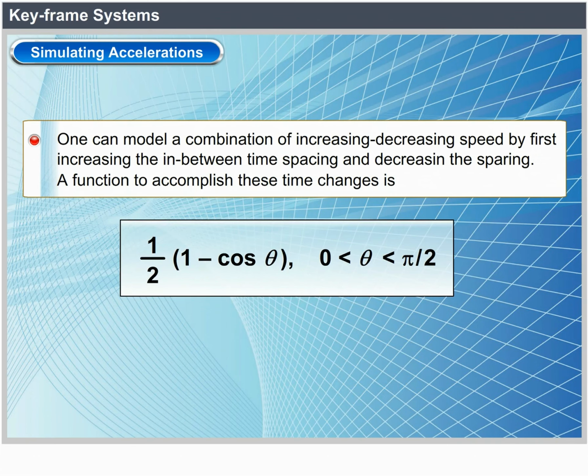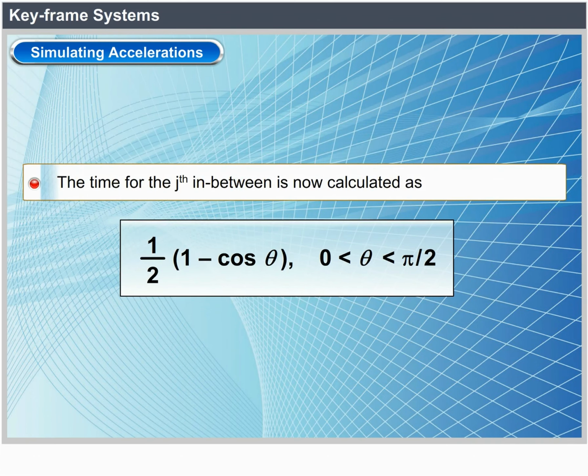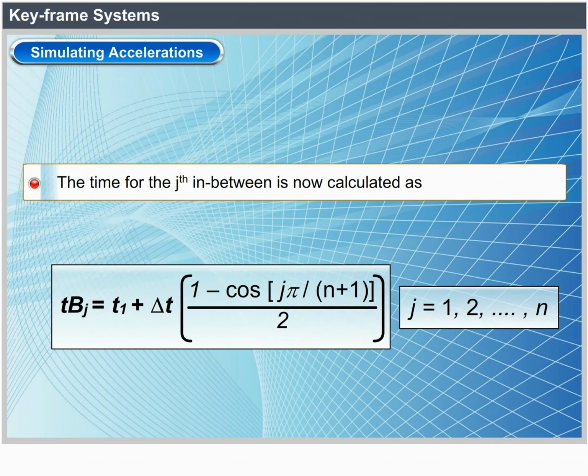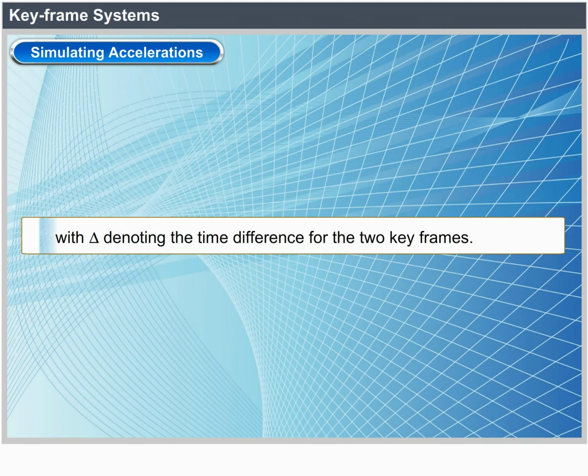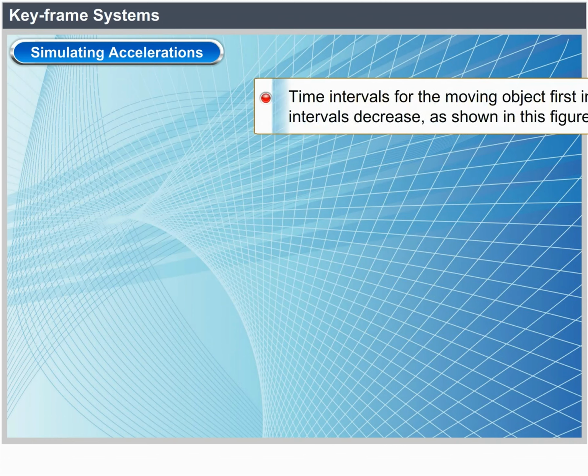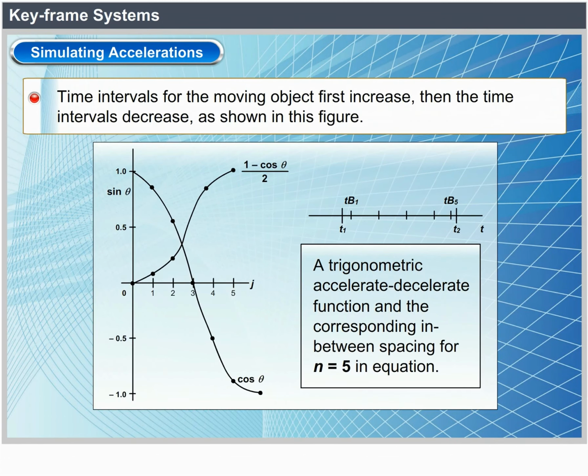The time for the jth in-between is now calculated as t_bj equals t1 plus delta t times (1 minus cos(j pi over n plus 1)) over 2, where j equals 1, 2 and so on up to n, with delta t denoting the time difference for the two keyframes. Time intervals for the moving object first increase, then the time intervals decrease, as shown in this figure.